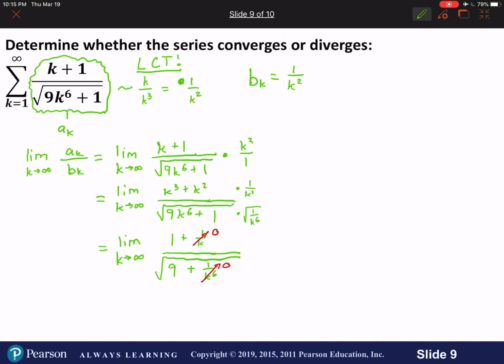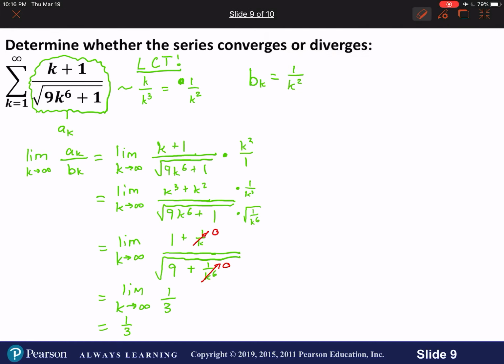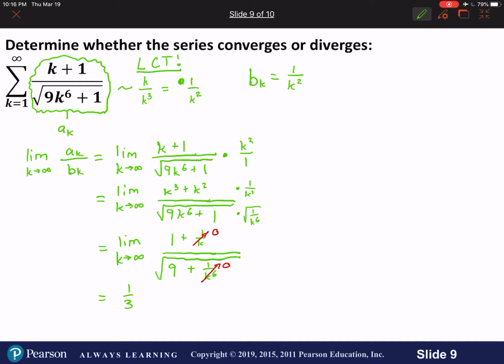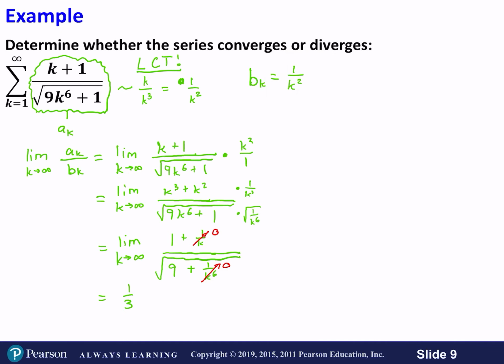And so we're just left with 1 over the square root of 9, which is just 1/3. I really should omit the limit on this problem, so let me just write it like this. And since this is 1/3, let me call this thing L.